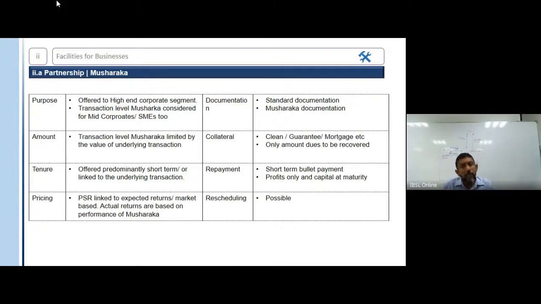So the question is who determines profits. The customer, of course, has to report profits, but the profit reporting or calculating methodology must be clearly established.